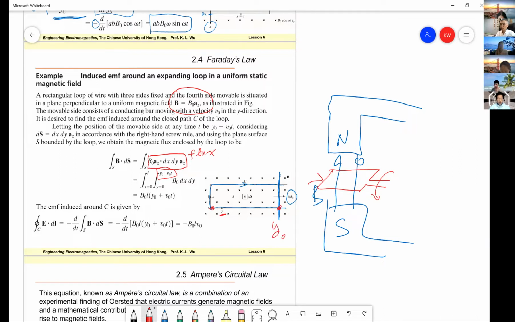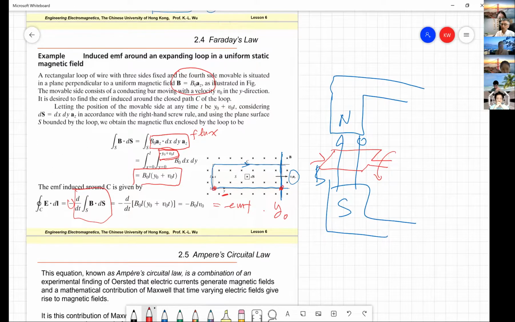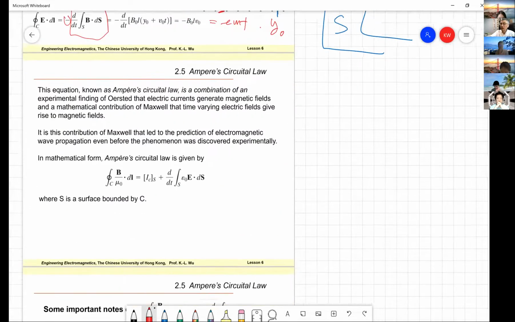Then starting point plus constant speed times time, so you can say the flux depends on time. Then we take the derivative of this flux with time. Don't forget the minus sign. Then we can find the EMF. All right, so this is Faraday's law.